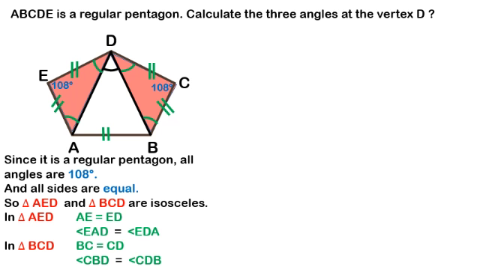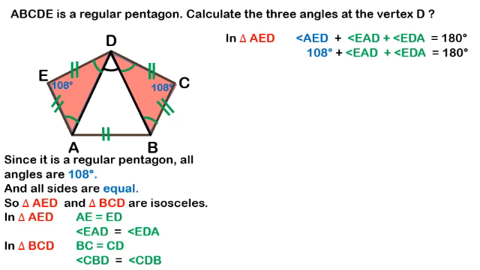We know in triangle AED, angle AED plus angle EAD plus angle EDA equals 180 degrees. When we substitute angle AED equal to 108 degrees, we get 108 degrees plus angle EAD plus angle EDA equal to 180 degrees. We know angle EAD equals angle EDA.